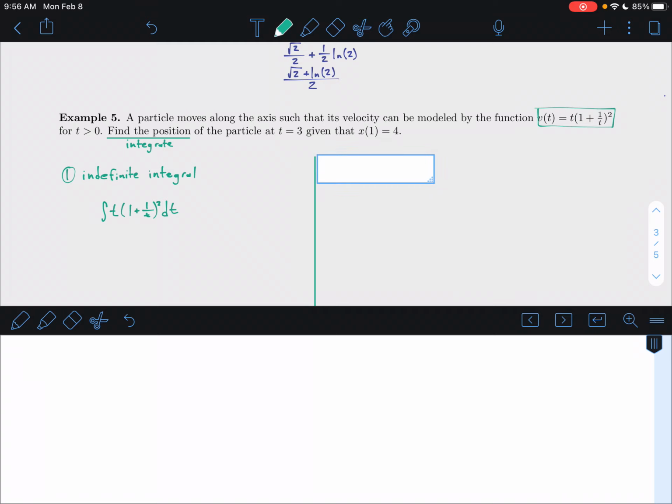And what we're going to do, instead of the indefinite integral, is the net change.